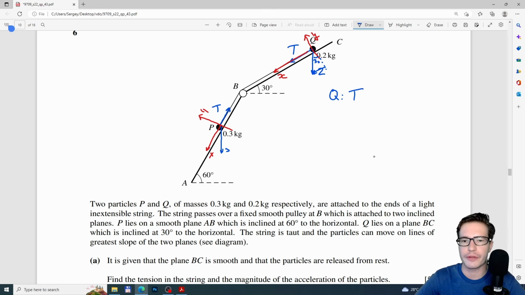This angle here is 30, so it's going to be 2 sine 30, and that must equal mass times acceleration. Now for particle P, tension acts in the opposite direction of the x-axis, so it's minus T, but then plus 3 sine 60, and again that equals mass times acceleration.